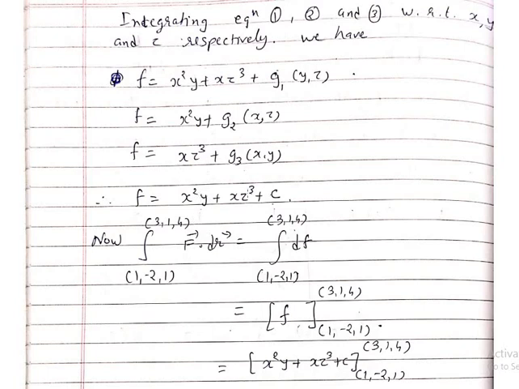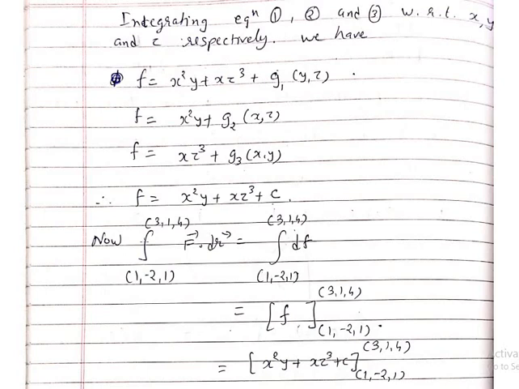From the third one you have xz cube, which is also already here. So basically from these three you have the function x square y plus xz cube plus c. Now this is our function. That means you write down each term one time, without repeating them.